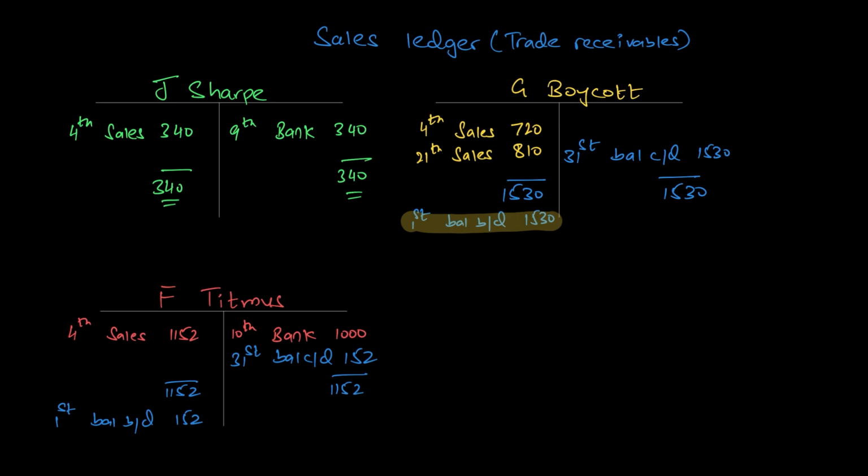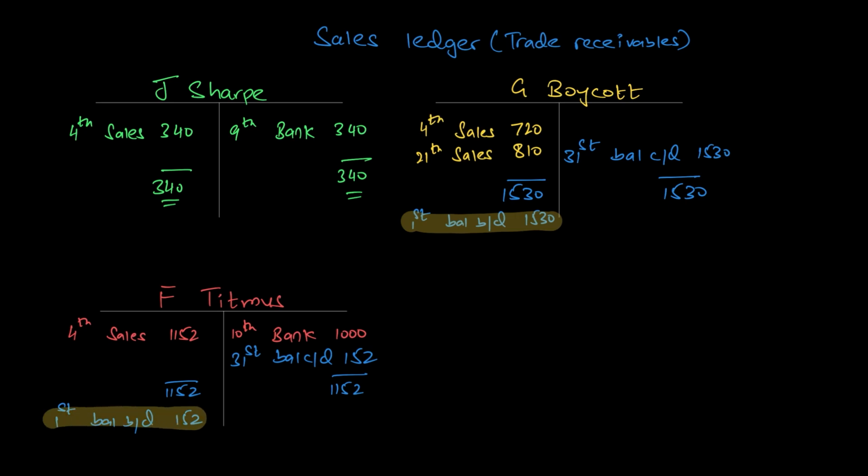Similarly, for F Titmus, we saw that out of 1152 he had paid 1000, so 152 became balance carried down. I totaled the debit side first, which should be heavier, it's an asset account, and I got my closing balance or balance carried down to be 152. And remember the rule, I have to bring it on the opposite side. So after writing the total, I wrote first of the next month, F Titmus owed us 152.